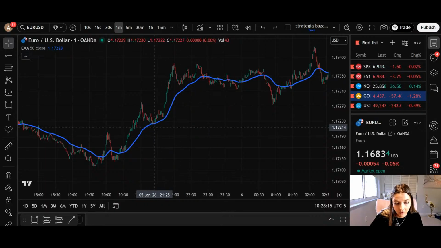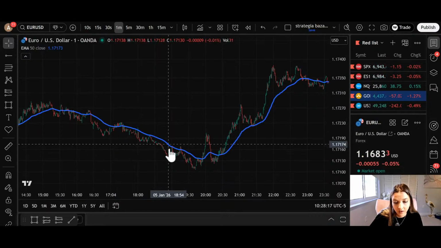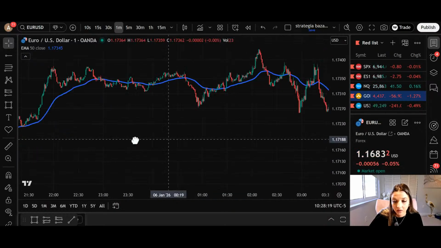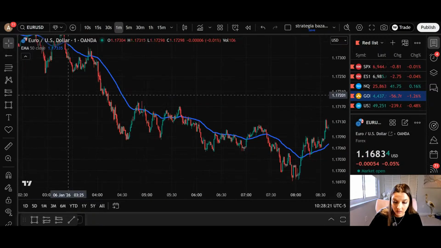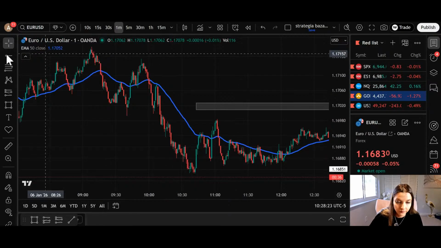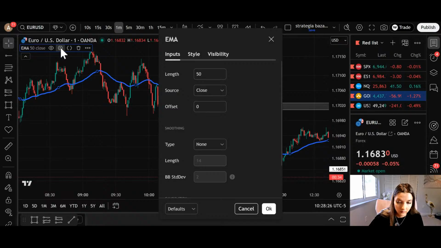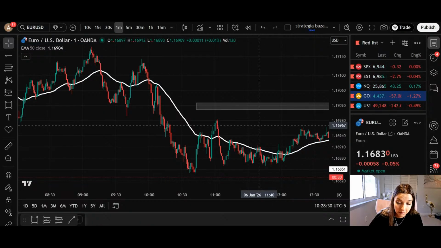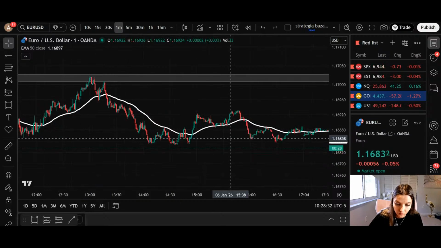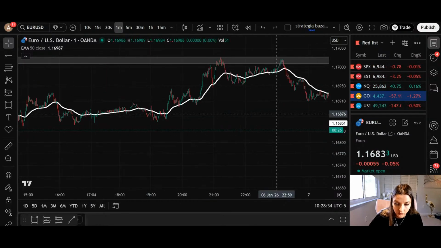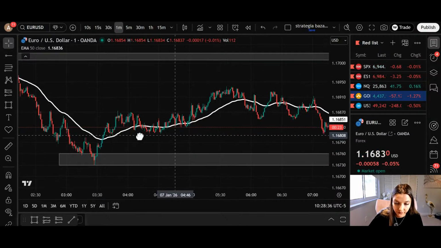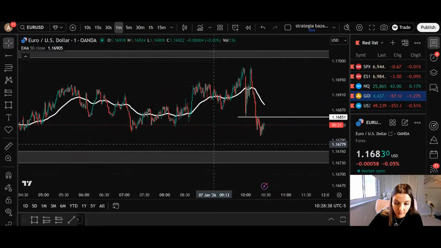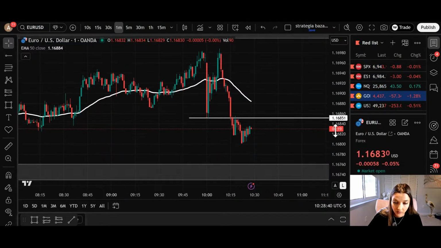You see, like here in a very clear trend, you can have a strategy around the EMA, but I think just supply and demand, support, and resistance will work well.